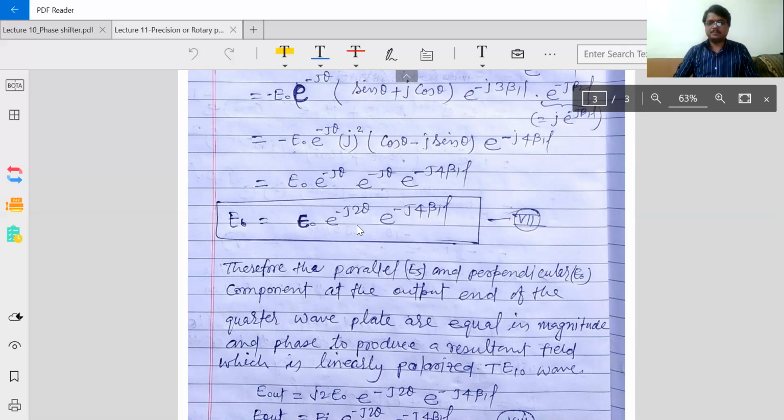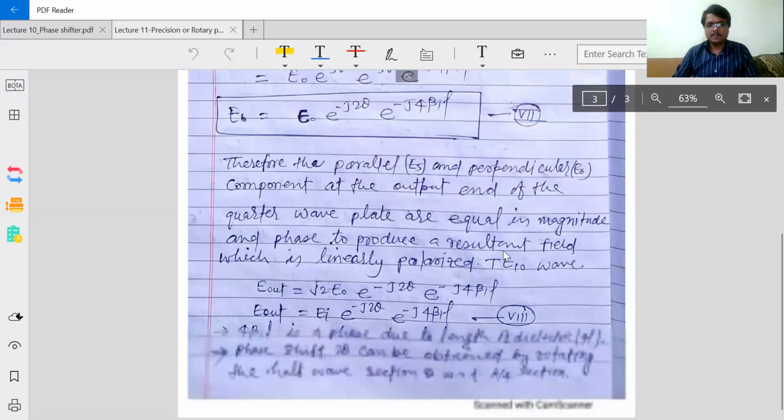So the two waves, one coming through the rotary section and another without the rotary section, will have a phase difference of 2 theta. It's very simple.